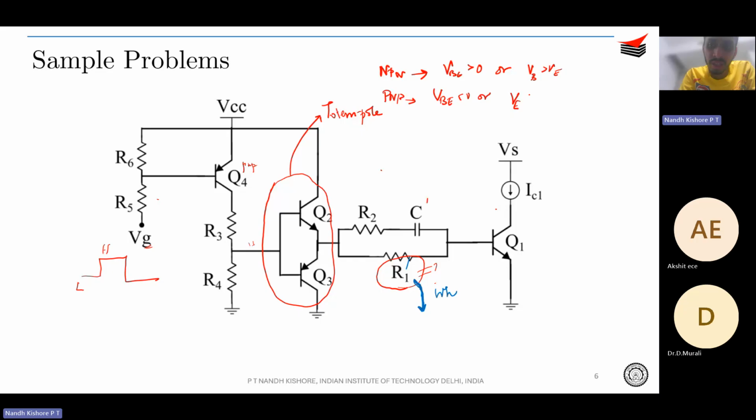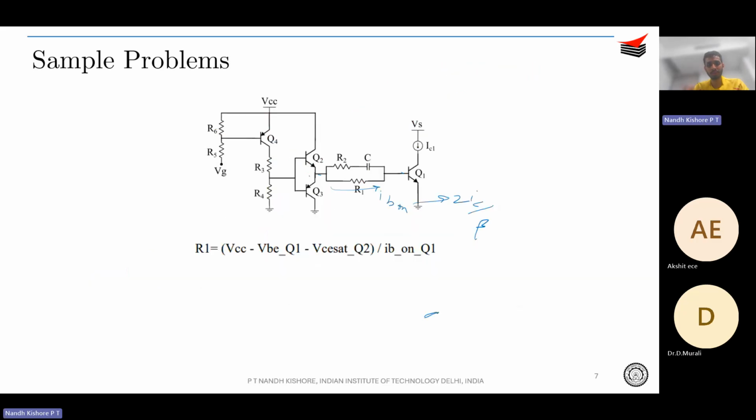If your VE is more positive than VB, right? That is your emitter terminal is more positive than your base terminal. So this is your emitter terminal E3 and this is your B3. If your E3 potential is more than B3 potential, then your Q3 will turn on, right? So when your E3 terminal will be more positive than B3 terminal, then only Q3 will turn on. So that is the meaning of more positive or more negative.